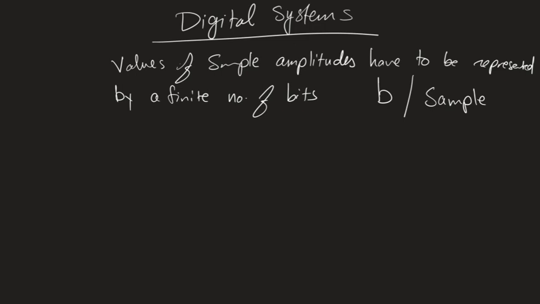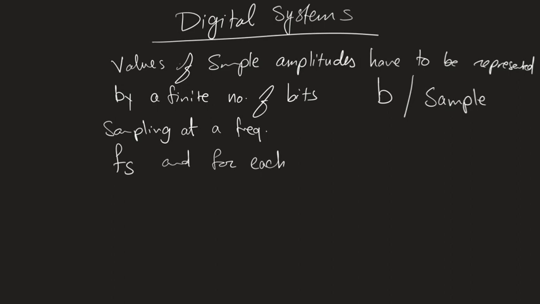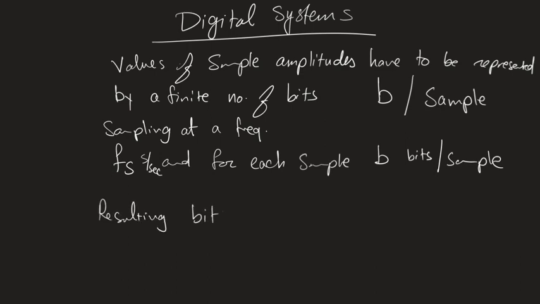Now, when I sample my signal with a certain sampling frequency, call it Fs, this is Fs samples per second, or hertz, it's the same thing.